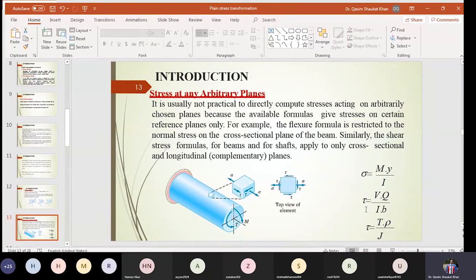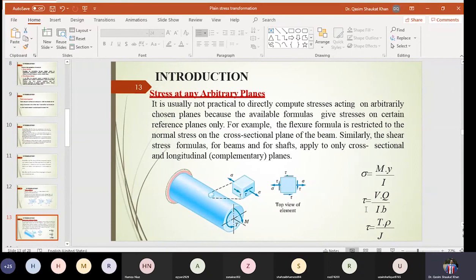For example, the flexure formula is restricted to the normal stress on the cross-sectional plane of the beam. The flexure formula, which you have studied in mechanics of materials and which we have revised in our lab as well, is limited to the normal stress on the cross-sectional plane of the beam.